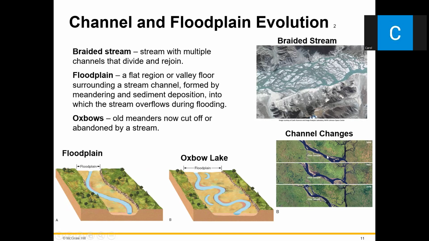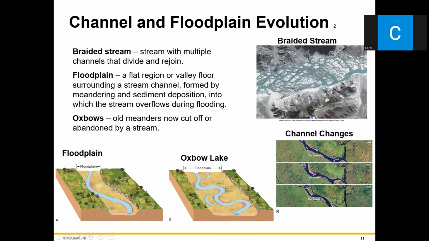Here's an aerial image where that happened. You can see the river was connecting to this other one here via this little lake. And then that was cut off after a storm event where that little area was pretty much abandoned. A floodplain is that flat region or valley floor where the meanders are.